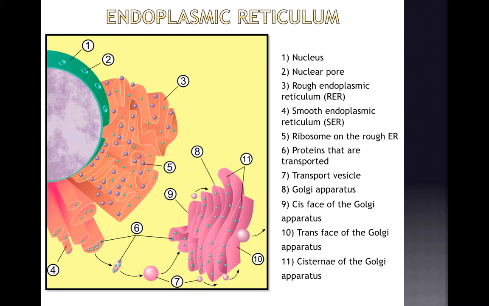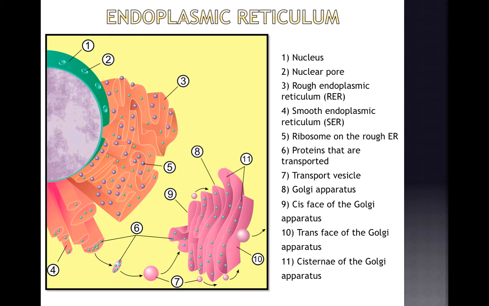All those things are made out of proteins that are made inside the cell. So if the protein is going to be used inside the cell, the ribosome releases the protein directly into the cytosol, and then the cell would use the protein.